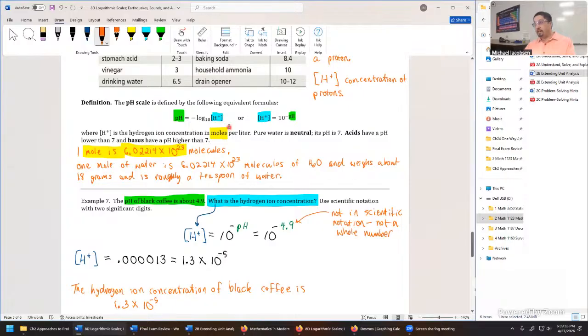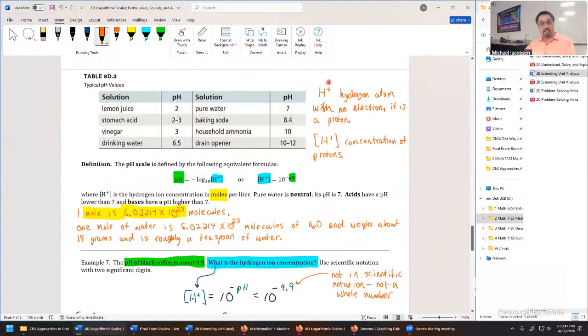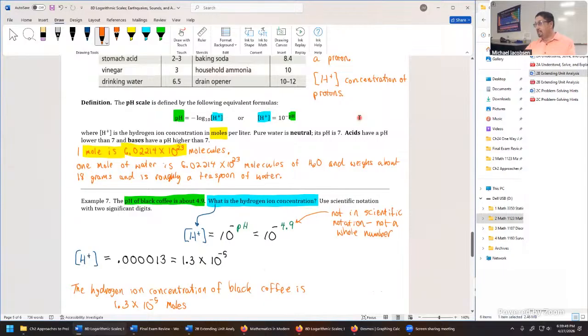Recall hydrogen ion concentration is moles of hydrogen ions, which are just protons from our discussion over here. That's all H plus is. It's just a proton.